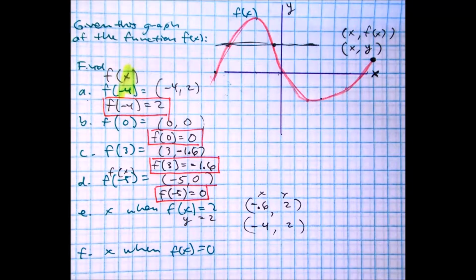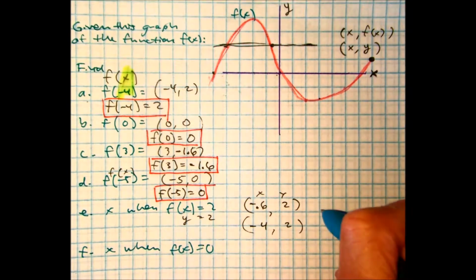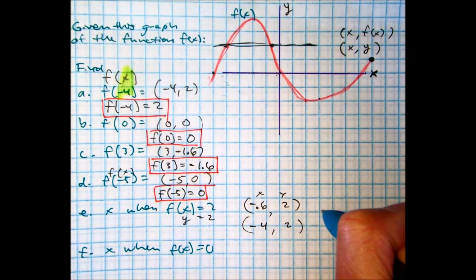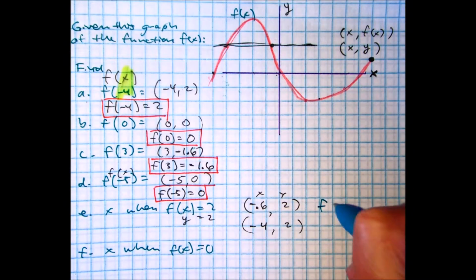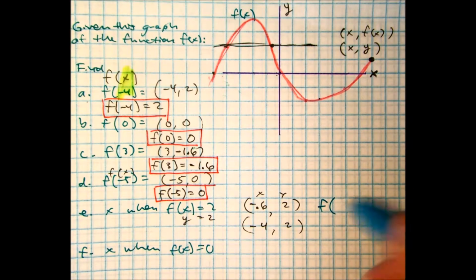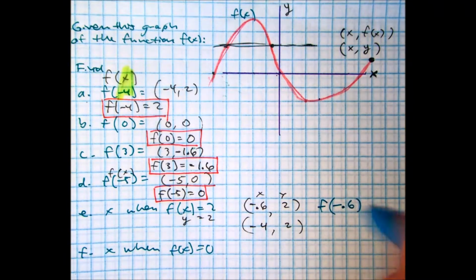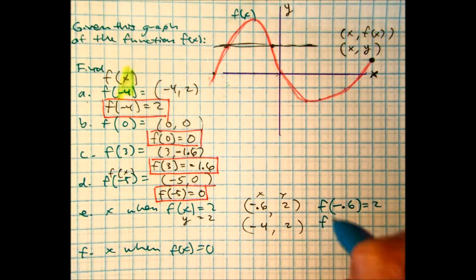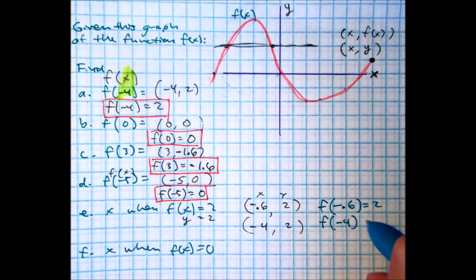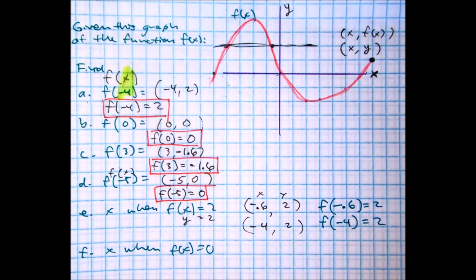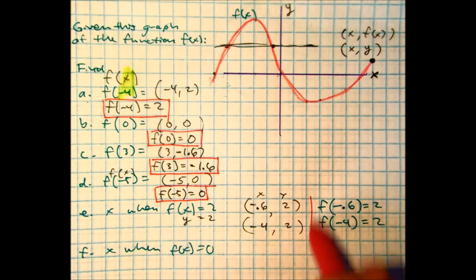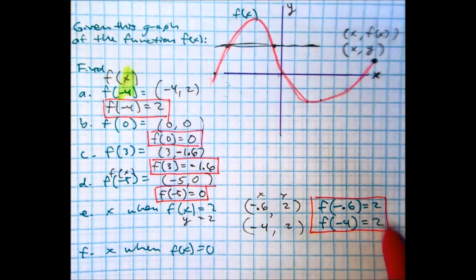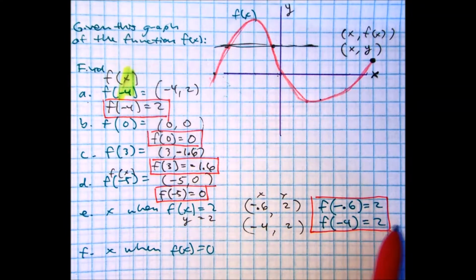Class, how would you write that in function notation? f of negative 0.6 equals 2, and then f of negative 4 equals 2. So actually in this problem there are 2 inputs for 1 output.